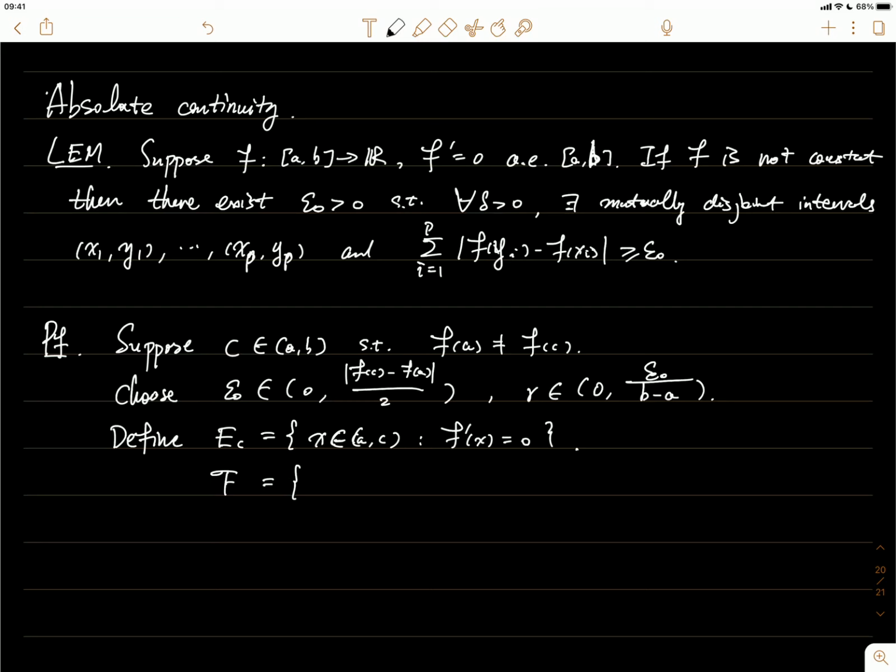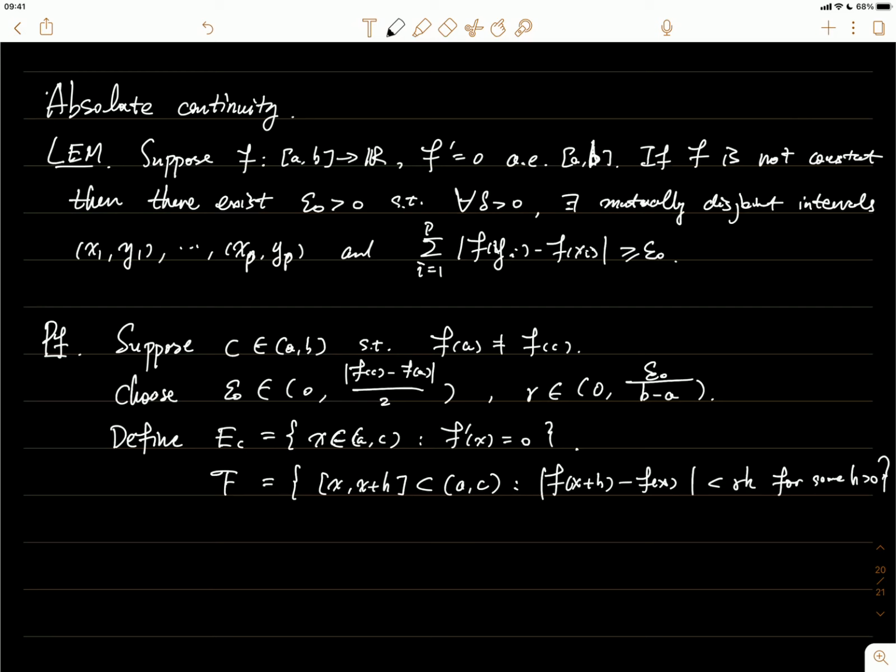It is defined as all the intervals in a to c where |f(x+h) minus f(x)| is less than r times h for some h.